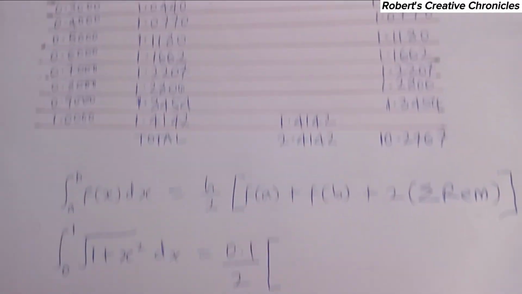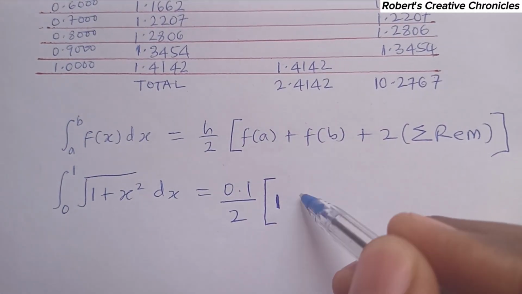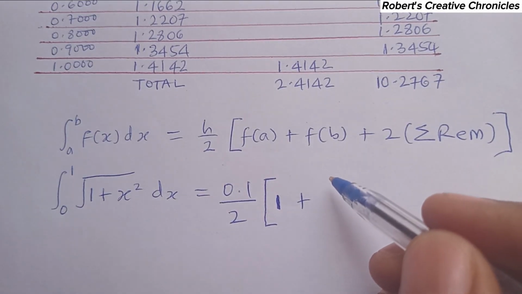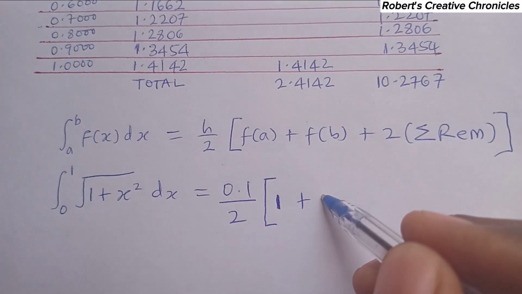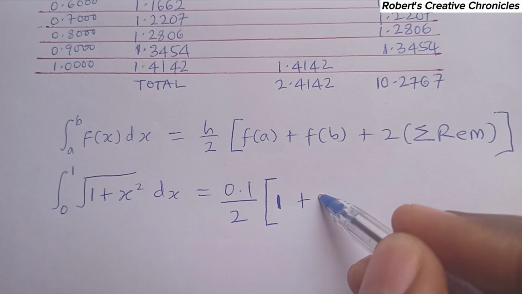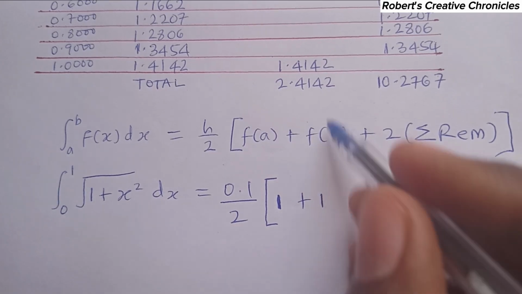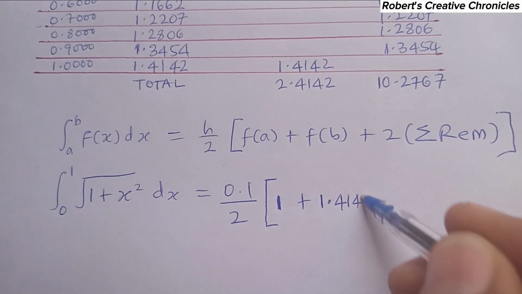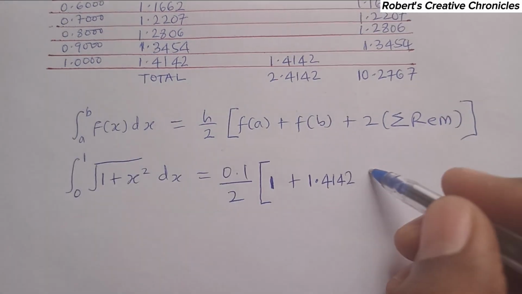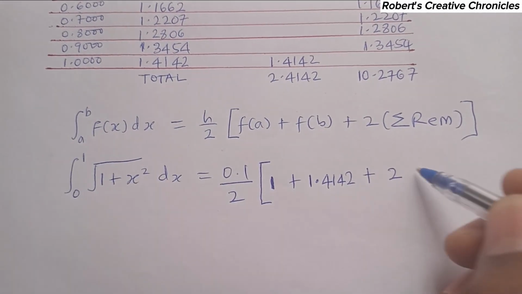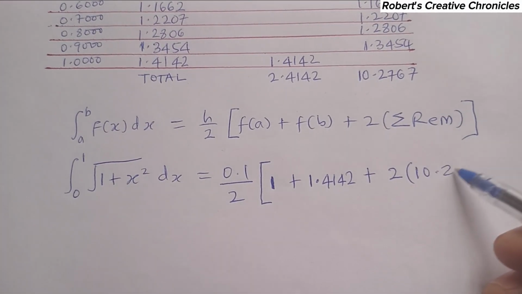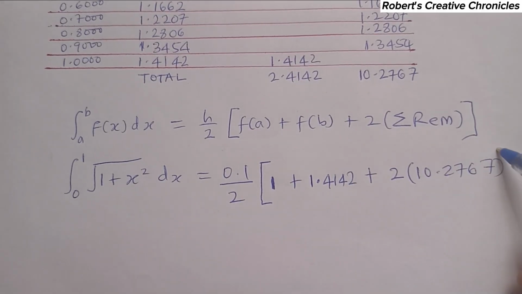Then f of a is the first term, which is 1, plus f of b is the last term, which is 1.4142, plus 2 times the summation of the remainder, which is 10.2767.